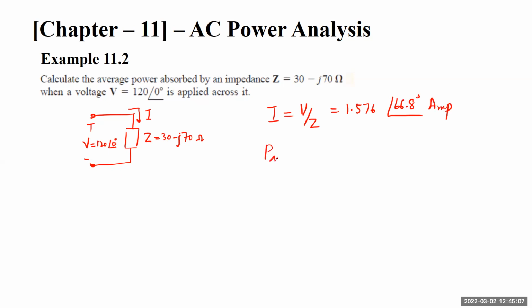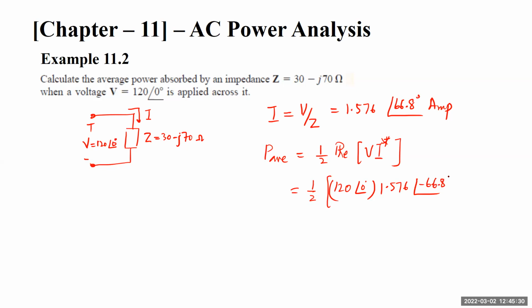Remember, average power is half times the real part of V I conjugate. So V is 120 angle of 0 multiplied by 1.576 angle of minus 66.8, doing the conjugate here and taking the real part.